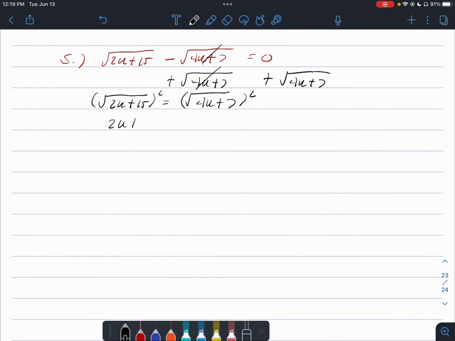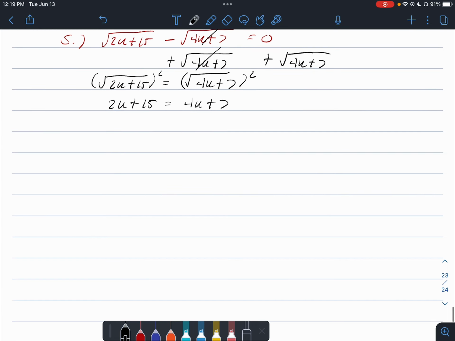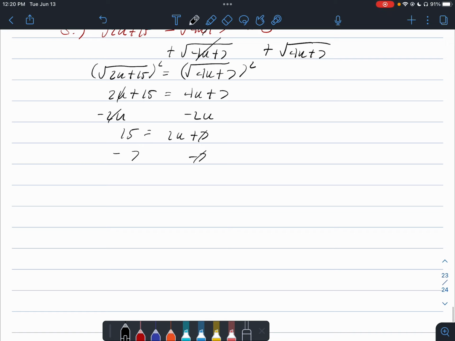So now we have 2u plus 15 is equal to 4u plus 7. Okay. To avoid negatives, I'm going to bring this 2u from this side over here. And we'll get 15 is equal to 2u plus 7. And now we can subtract 7 from both sides.